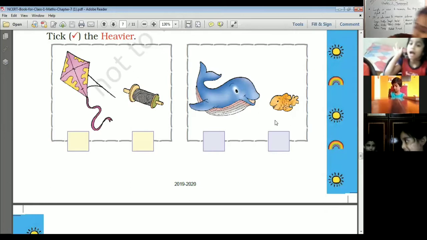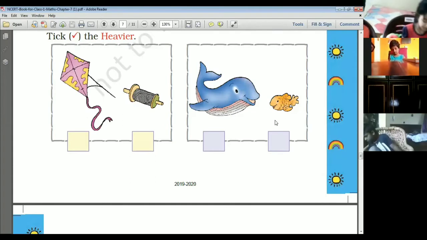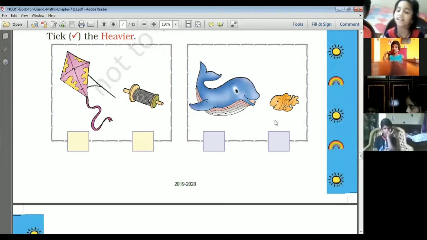Very good. Here I have a sketch pen with me and paper. Which one is heavier? The sketch pen is heavier than the paper. Very good.